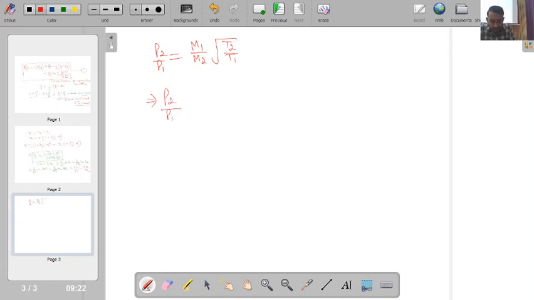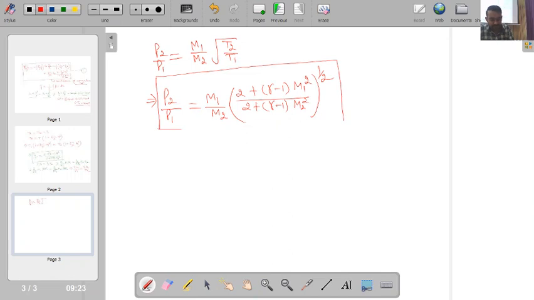So P2 by P1 will become M1 divided by M2 times 2 plus gamma minus 1 M1 square divided by 2 plus gamma minus 1 M2 square, and 1 by 2 power of the entire term. So now we have also obtained the value for P2 by P1.